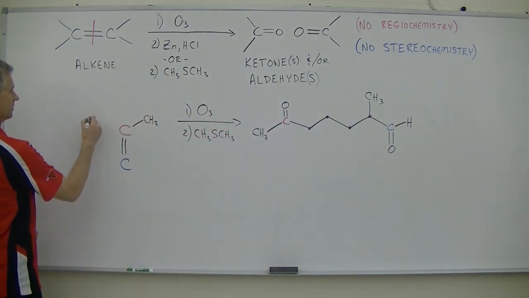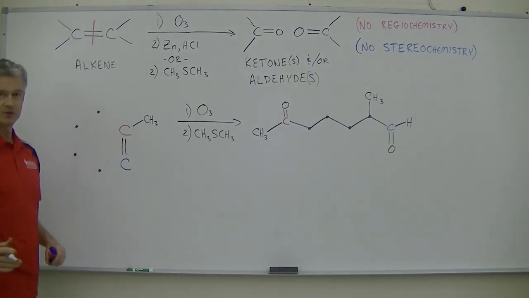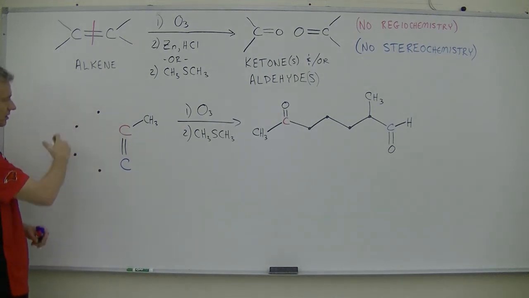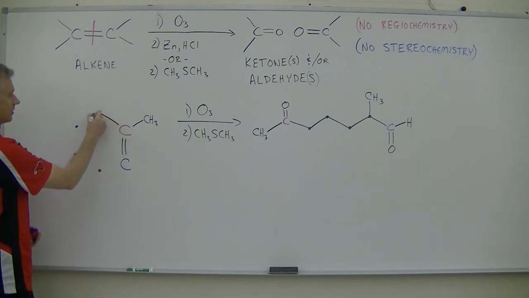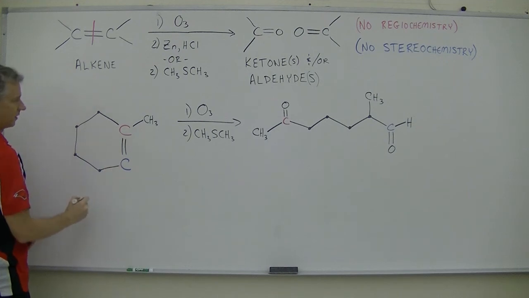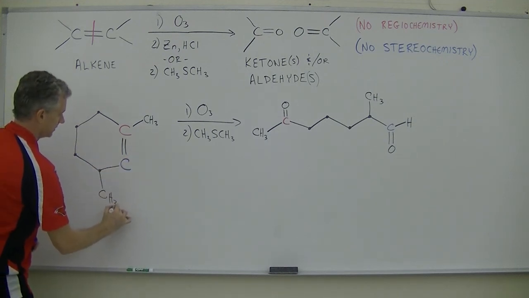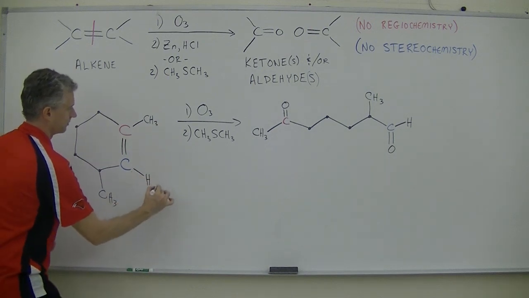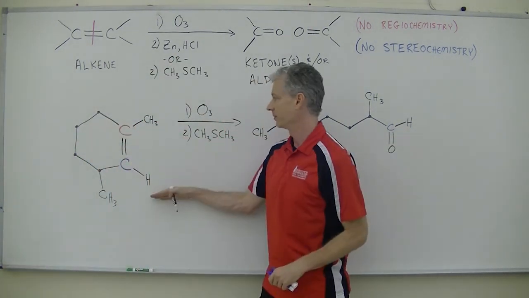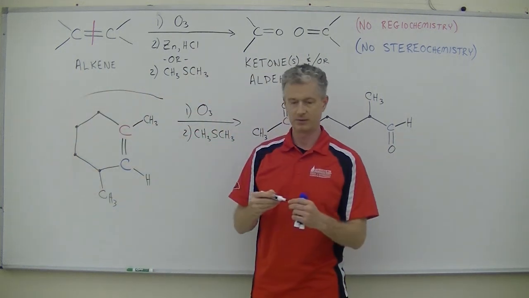So what we need to do is add a total of 4 carbons. We'll put those dots along in what might be something of a ring. Then we can connect those dots, and the dot closest to the blue carbon gets the methyl group. The blue carbon, of course, also had this hydrogen, making an aldehyde. So this would be our starting material.